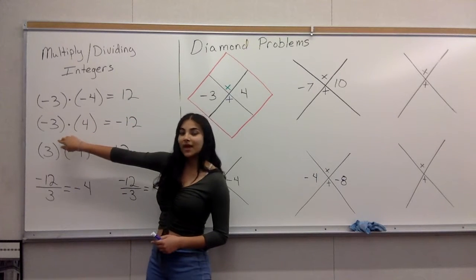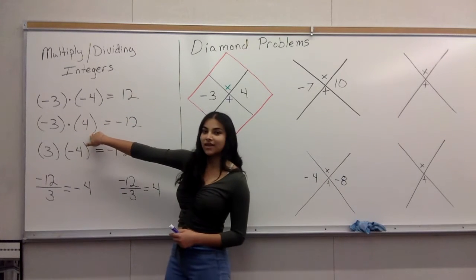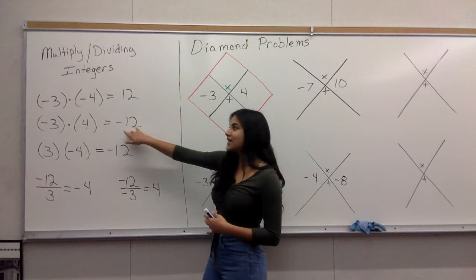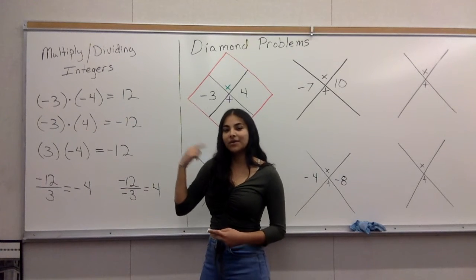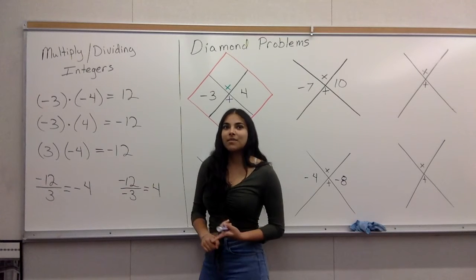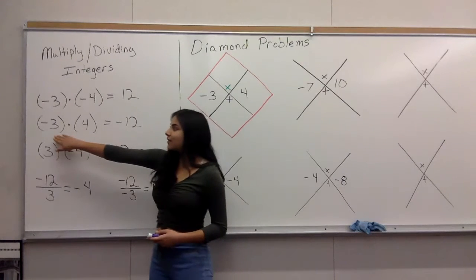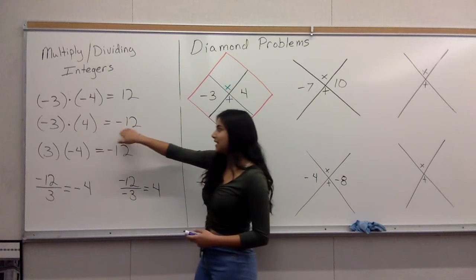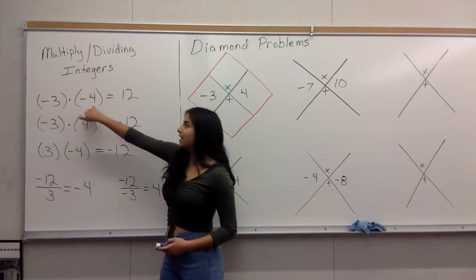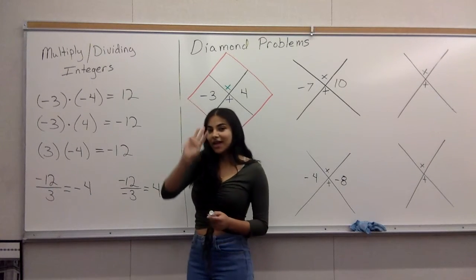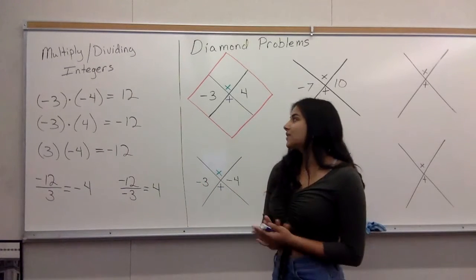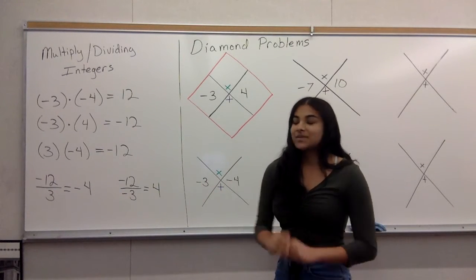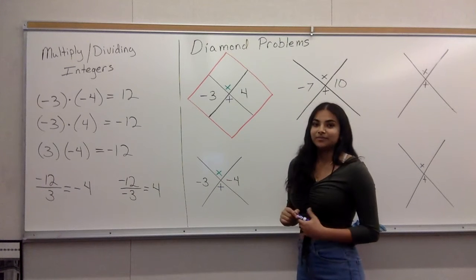Now over here, we only have one negative and one positive, so we have to have a negative answer, because out of these three numbers, two of them are going to be negative. That's how I would remember if the answer is going to be positive or negative. If there was only one negative, the answer has to be negative. But if there were already two negatives, the answer is going to be positive, because out of the three numbers, two of them are going to be negative. That's just how I would remember it, but you can do it however you'd like. Whatever helps you remember is fine.